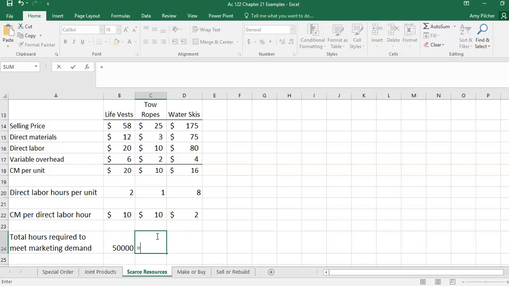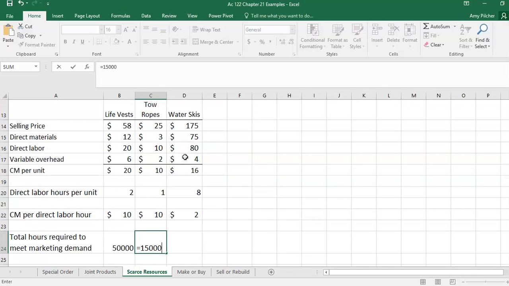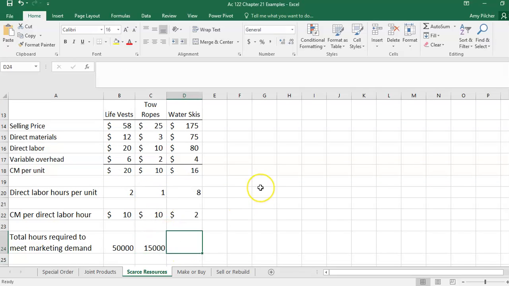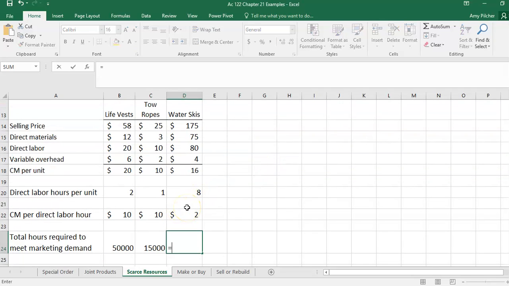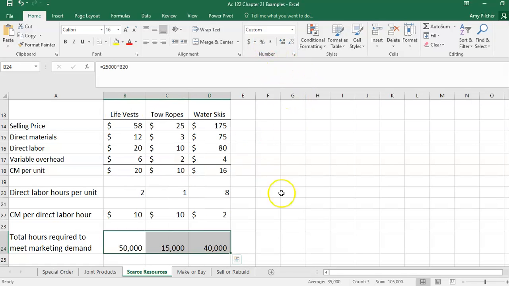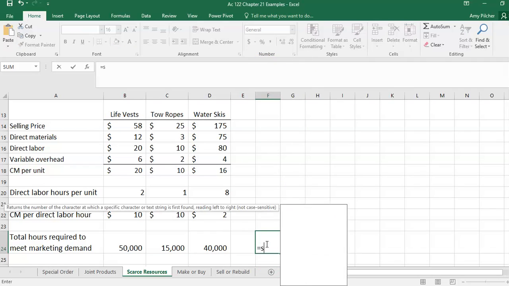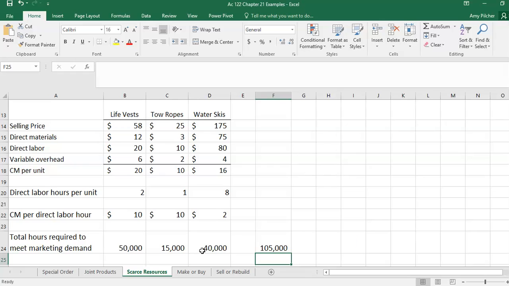And we have 15,000 tow ropes times 1 hour per tow rope, and 5,000 water skis times 8 hours to make each water ski. So our total hours required for our marketing demand, we add those all up, is 1,005 direct labor hours.